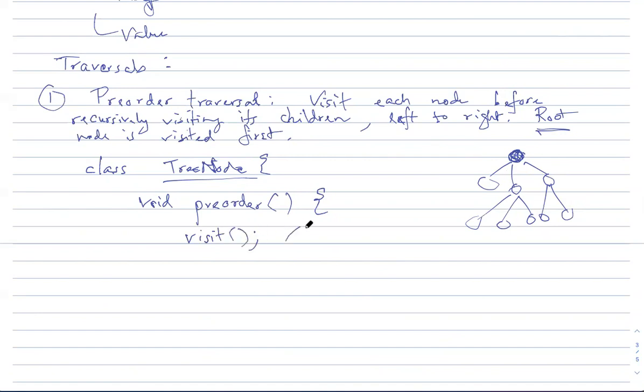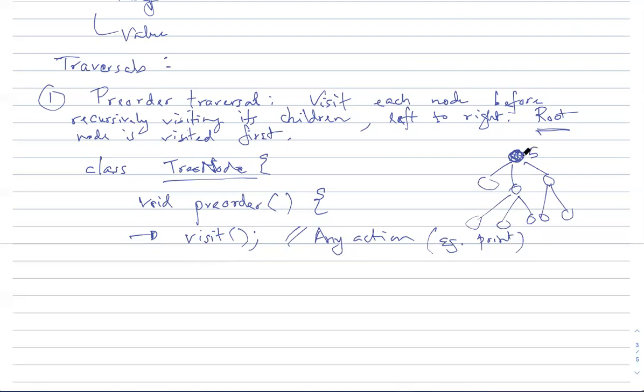And this visit essentially means, as I mentioned before, it can mean any action. It can be, for example, the print action. So if I have stored 5 here, this may mean just printing out the corresponding key or value, whatever action you're performing corresponding to visit. Whenever I use the term visit, it essentially means you perform some operation associated with that node.